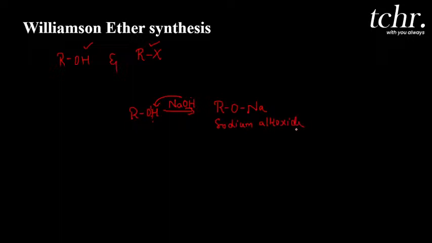Got it, my dear students? In alcohol, a cleavage of the bond between O and H takes place and we get the product sodium alkoxide.